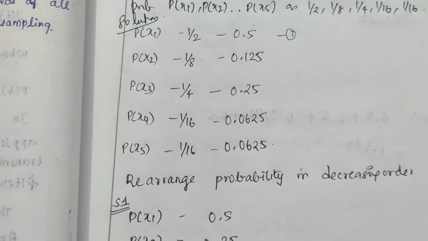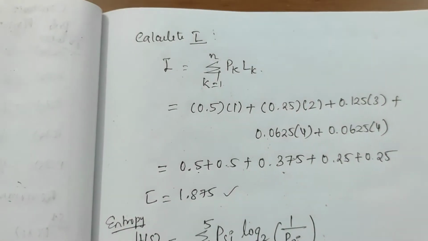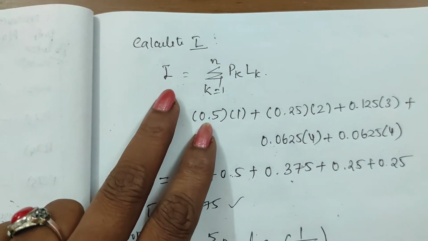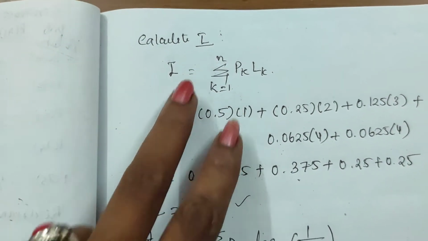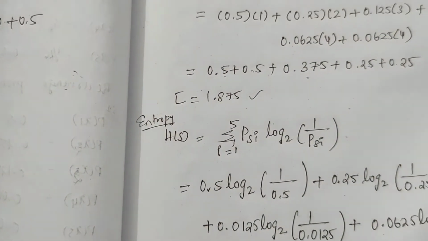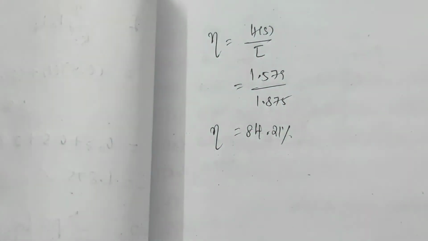If they have asked to find the entropy or coding and the percentile efficiency, you have to proceed like this. You have to calculate L bar and the entropy. Finally, you divide the calculated entropy by the length to identify the efficiency.